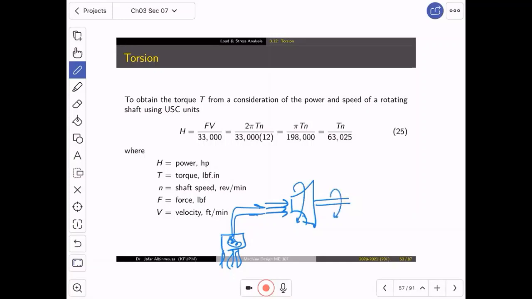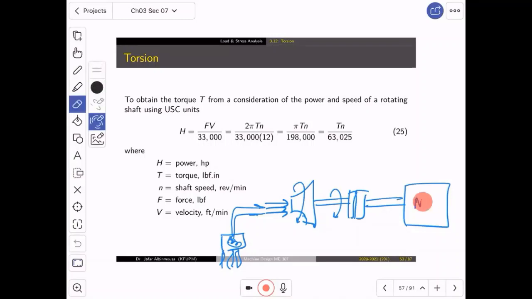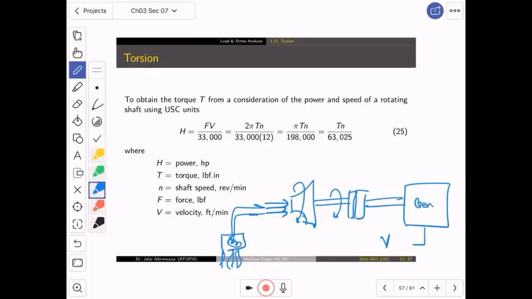Then we use a coupling to couple this shaft with another piece of equipment, which is called a generator. The generator will make you electricity, volts.